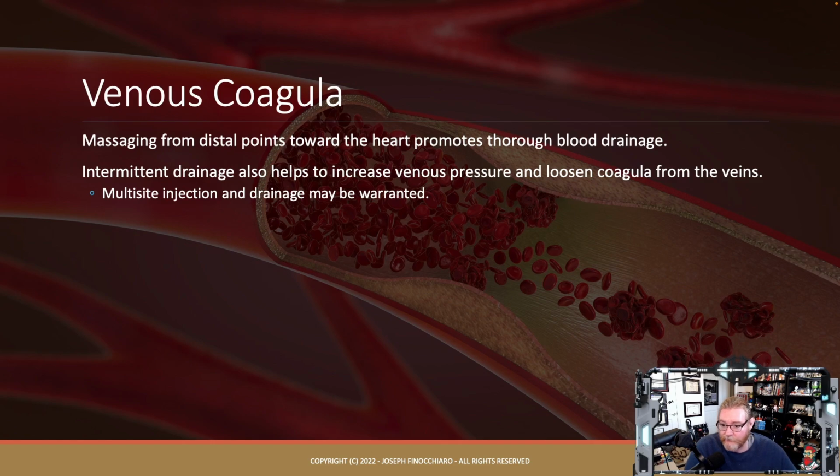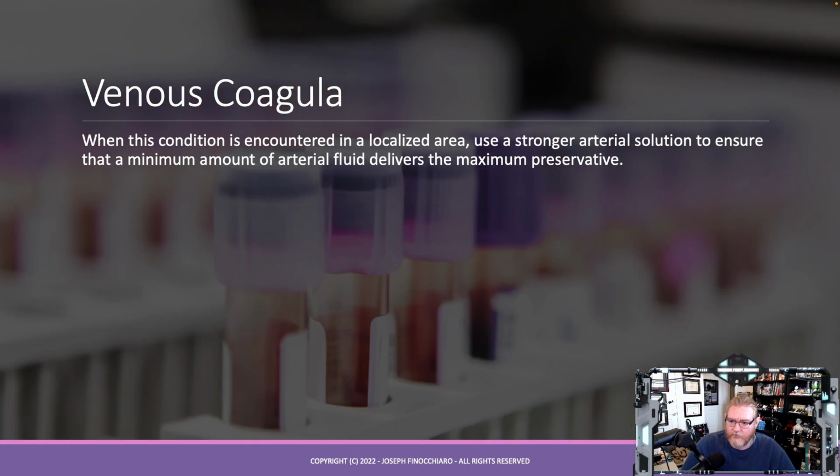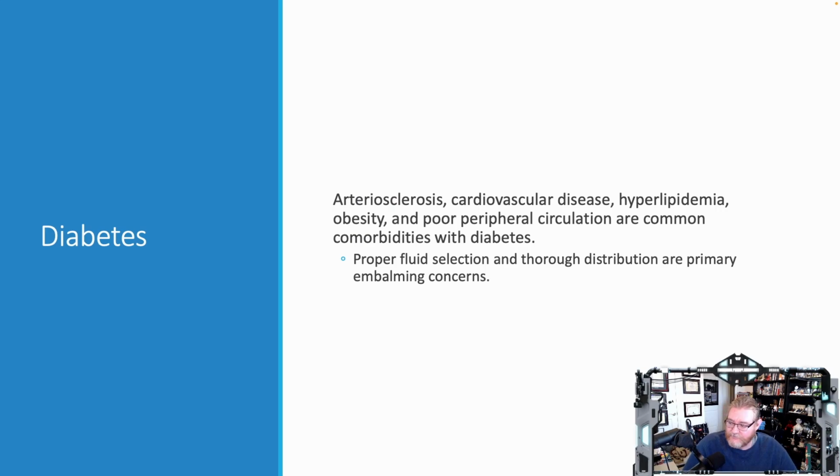Intermittent drainage also helps to increase venous pressure and loosen coagula from the veins. Multi-site injection and drainage may also be warranted. When this condition is encountered in a localized area, use a stronger arterial solution to ensure that a minimum amount of arterial fluid delivers the maximum preservative.